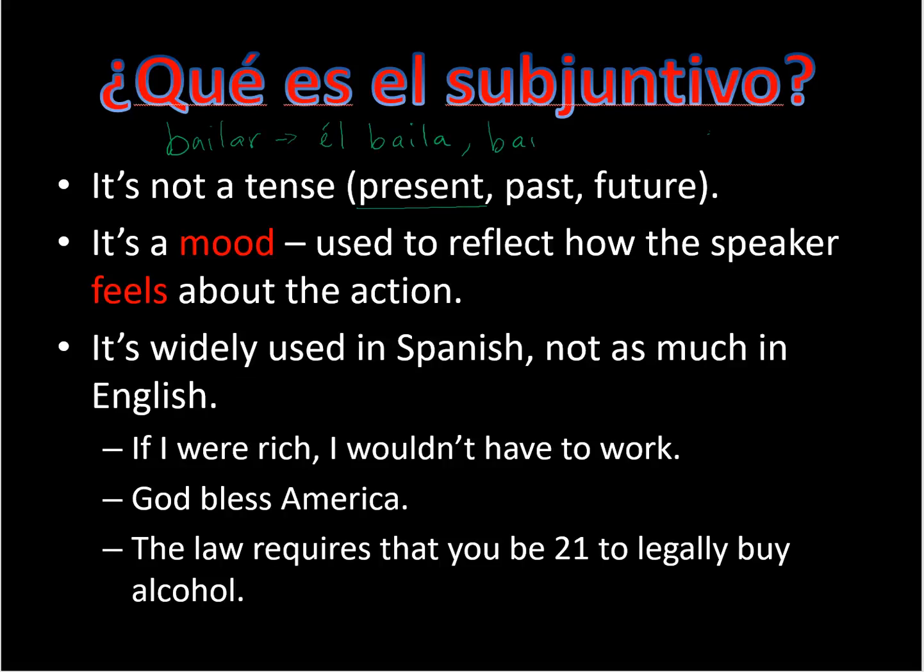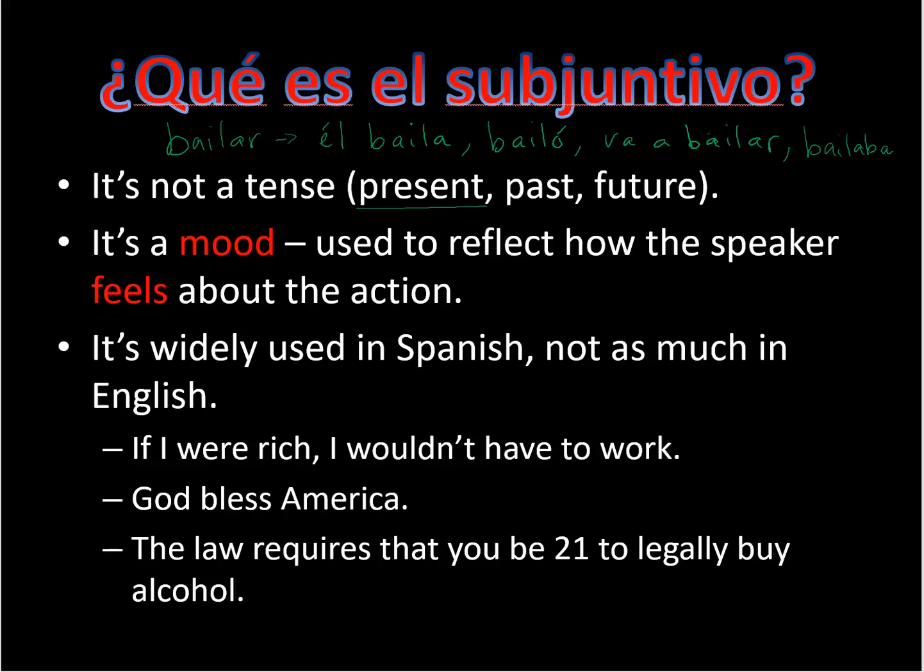Ayer, él bailó en clase. Okay, future, va a bailar. There is a form, we haven't learned it yet. You will probably next class. Y bailaba, cuando era niño, bailaba mucho. So those are your tenses.